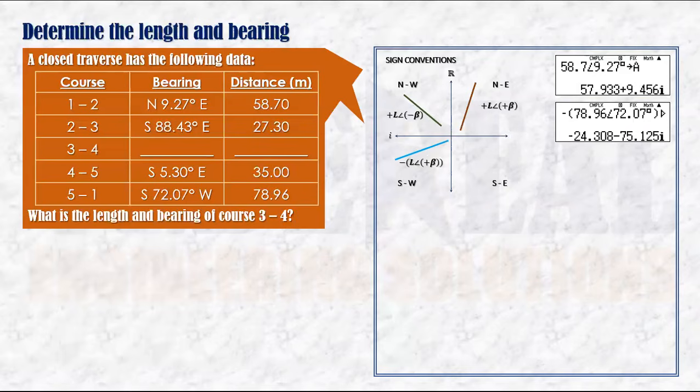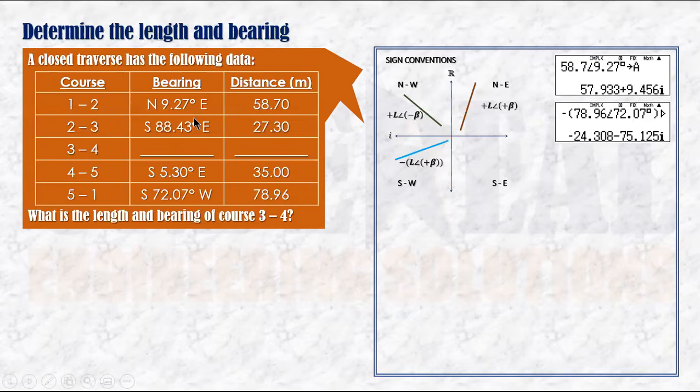If the angle is measured clockwise, it becomes negative; if counterclockwise, it becomes positive. But here, since we are treating clockwise as positive, the counterclockwise must be negative. That's why it's negative beta.